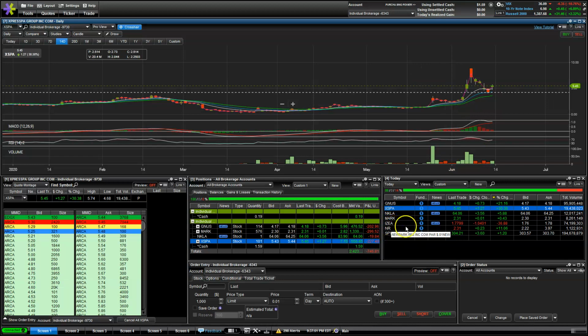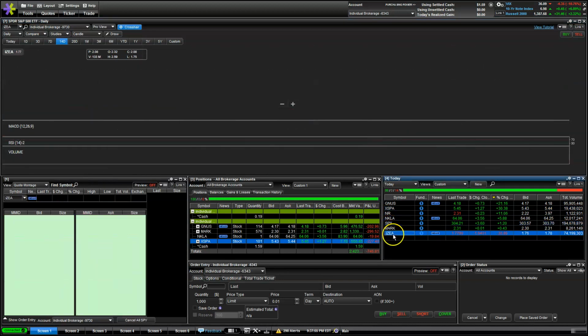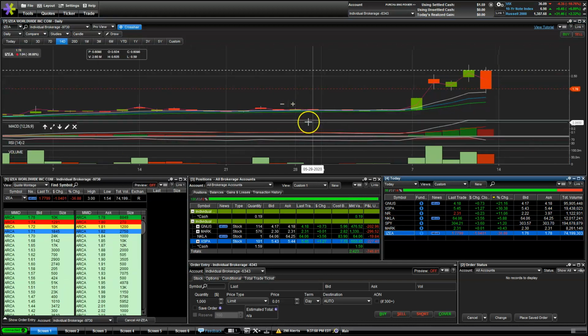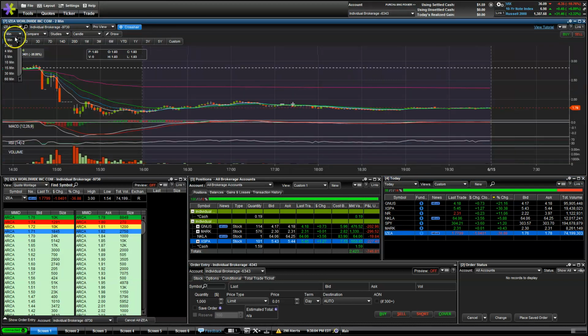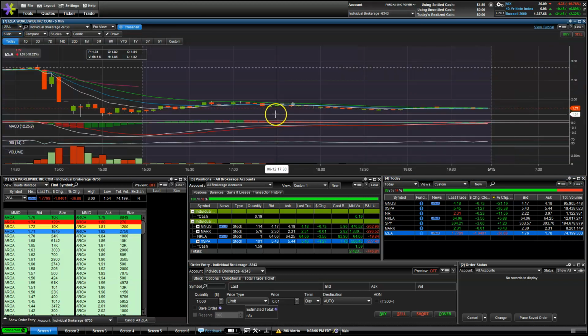So let's go into something that was a little bit more volatile today. IZEA was a good one for today. And we'll go on a 5-minute chart.